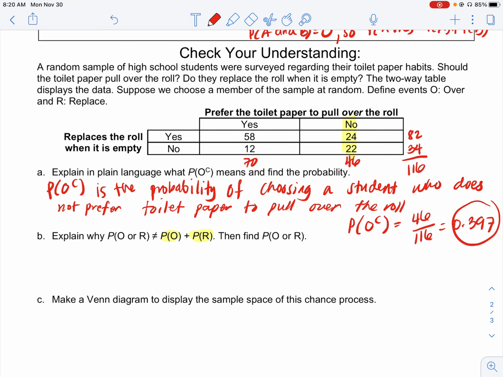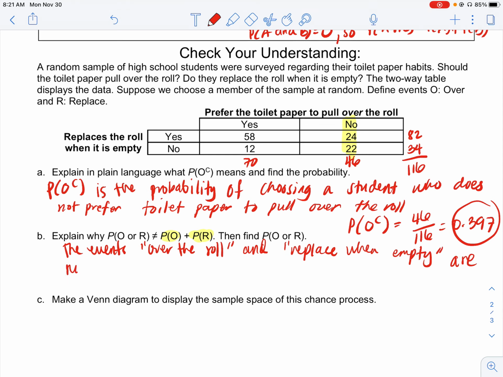Okay, so the events, let's put that in words. O is over the roll and R means replace when empty. They are not mutually exclusive, meaning they can happen together, because we do have an and right here.